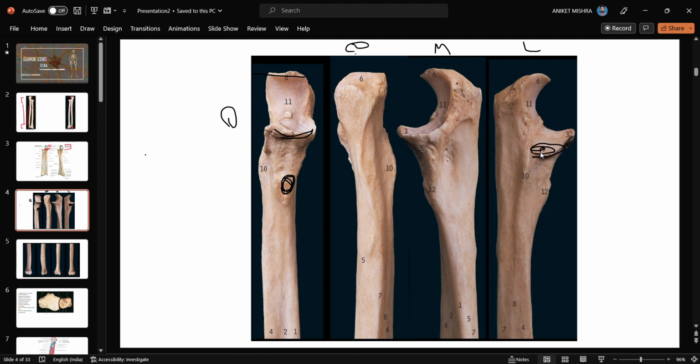Below the radial notch, the radial tuberosity is also present. This is the place for the radial tuberosity. The medial surface just continues with the shaft.